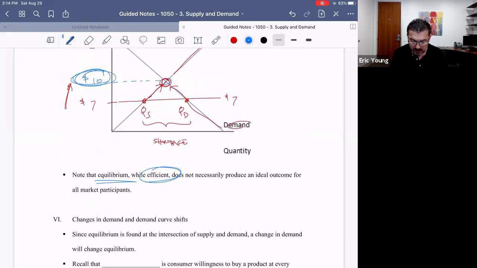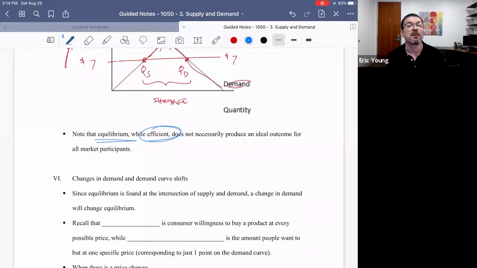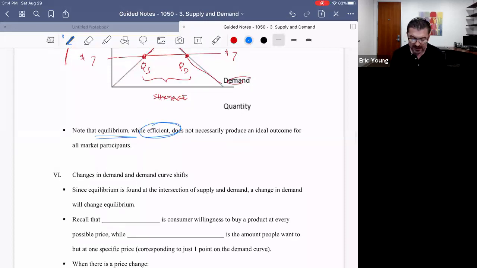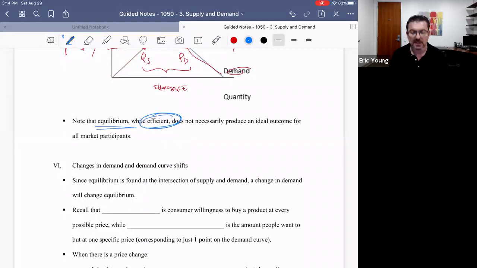If the equilibrium price was $10 and a person only had $5, that person is going to be priced out of a food market and starve, or priced out of a housing market and be homeless. So it's important to recognize that while equilibrium is an efficiency point, it does not necessarily guarantee that all market players are going to be happy.